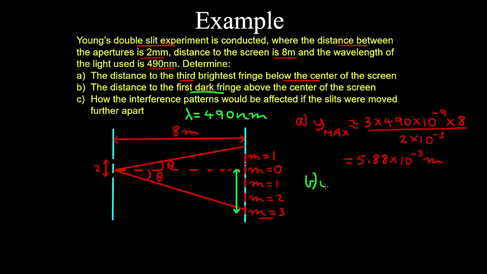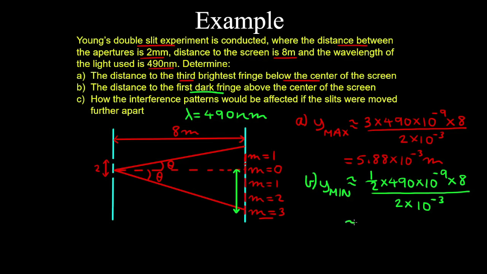So what we get is Y min being approximately 0 plus a half by the wavelength of light in meters by the distance to the screen. And that's divided by the distance between the apertures. So that gives 9.8 by 10 to the minus 4 meters, or 0.98 millimeters.